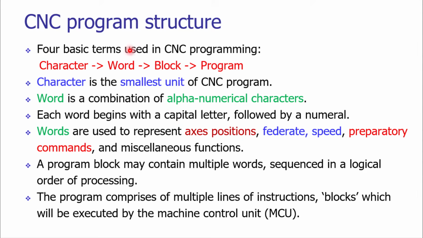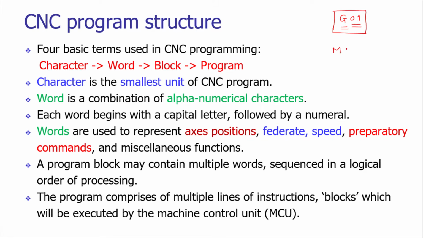As I mentioned, the word has alphabets and numerals. Each word starts with a capital letter followed by a numeral. This is a typical construction. For example, we have G01. Here G01 is the word, and it comprises the alphabet G and the numeral 01.